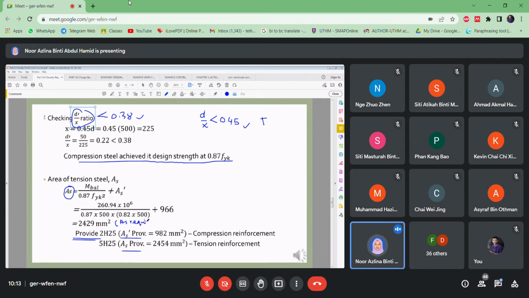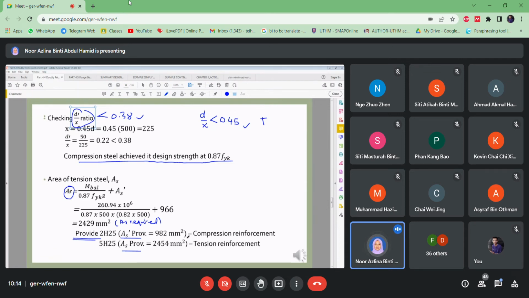Area yang diperlukan, dan ini adalah reinforcement area yang disediakan. Okay, according to the AS required. It should be equal or might be more than it. Kalau more than AS required pun mestilah reasonable. Ni sebab melibatkan cost juga kan. So janganlah terlebih-lebih sangat, terkurang pun tak boleh, should be just nice.